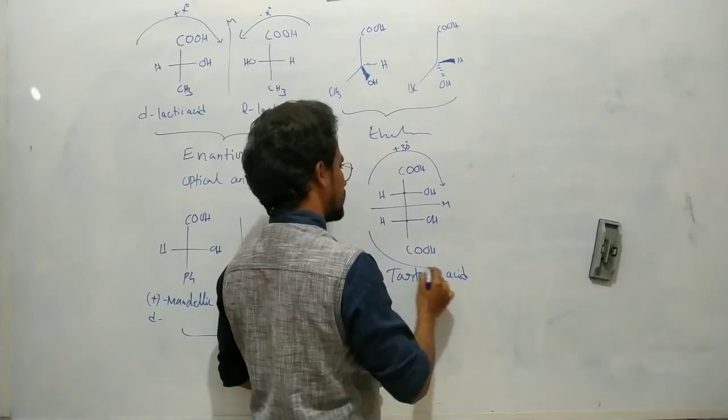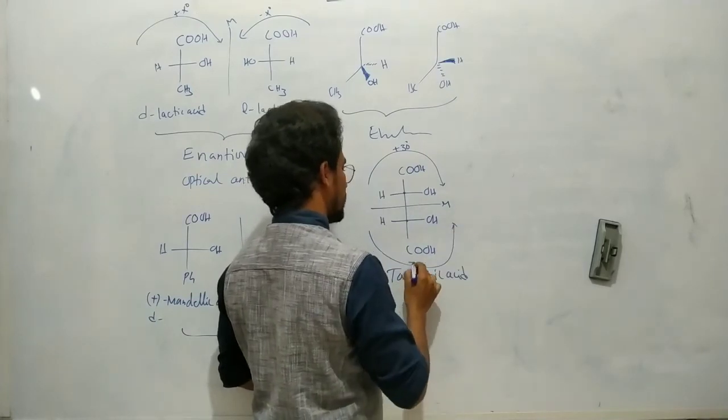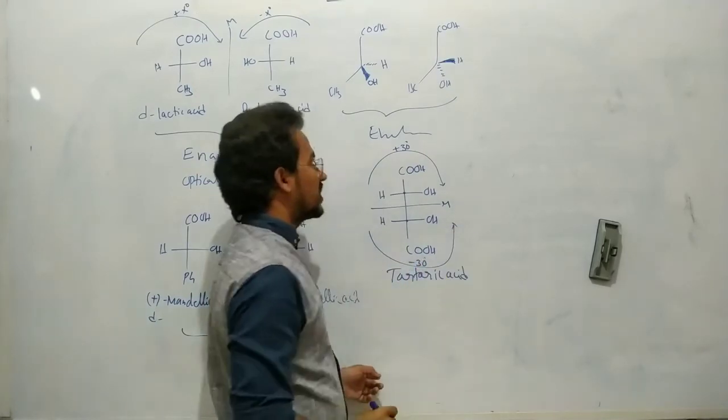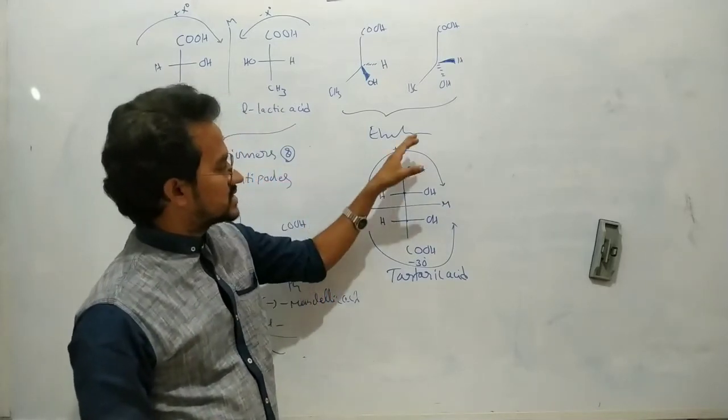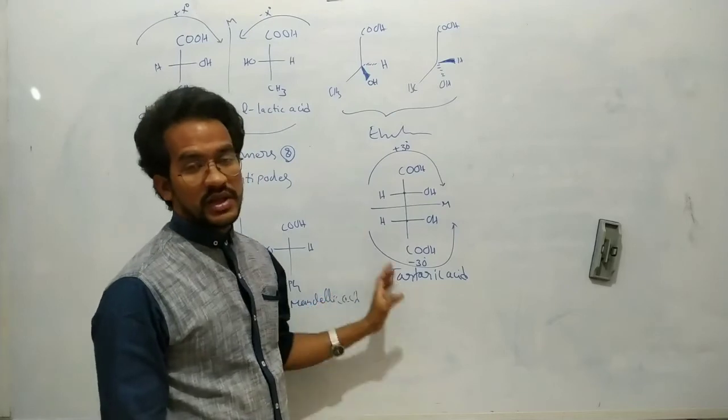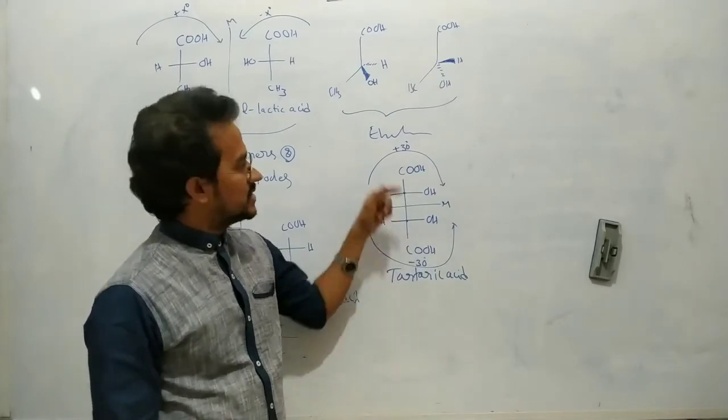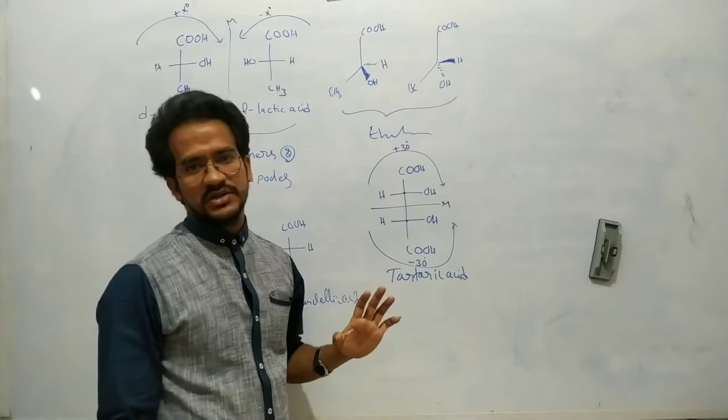The other half rotates it to the left with minus 30 degrees. Because these are equal halves, one rotates plane polarized light to the right and the other to the left, so the optical rotation is cancelled.